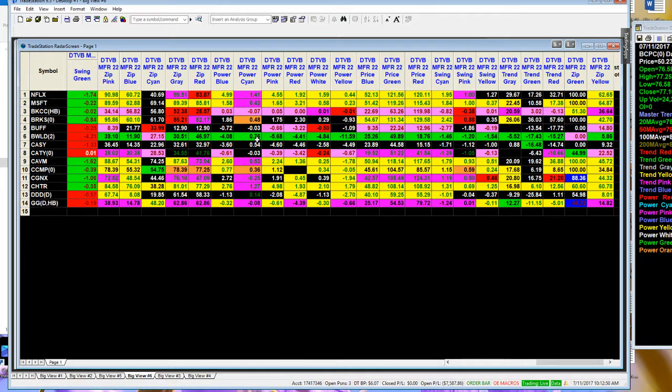Then if you see a pink, that is a right leg W higher. If you see a light pink, that is a right leg W lower. And then of course your green boxes are your BOC patterns, and your red boxes are your TOC patterns, and your blues are in a bottlenose pattern, and if you get a light blue, then you're in like a 3-day up or a 3-day down.